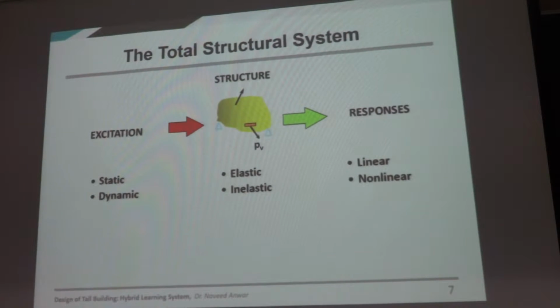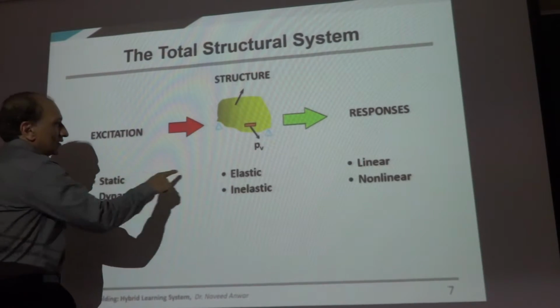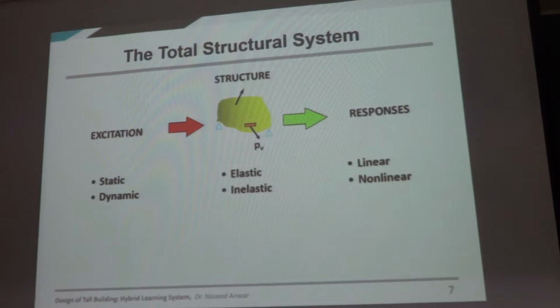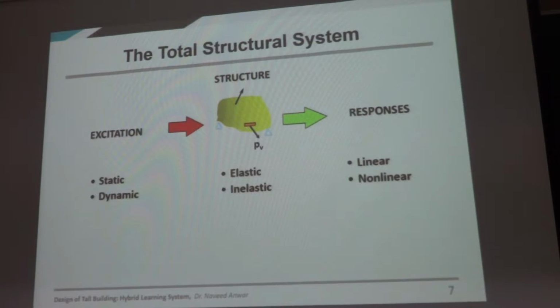That means there are 8 ways that the structure could behave and that we can analyze. Normally, people only do this static, elastic, linear. So that's why we call it linear static analysis, linear elastic static analysis. And that's what most people will do, most codes will do, except the new ones which are coming up now.